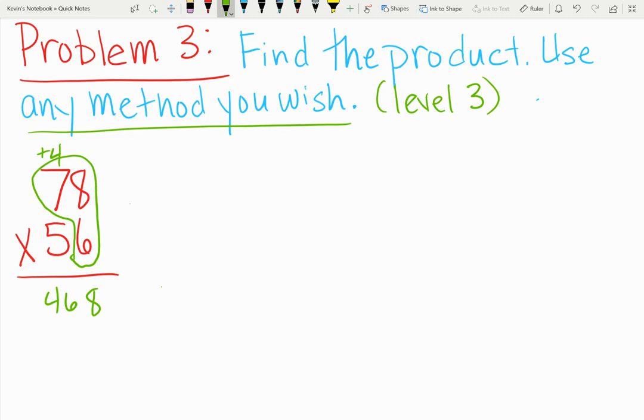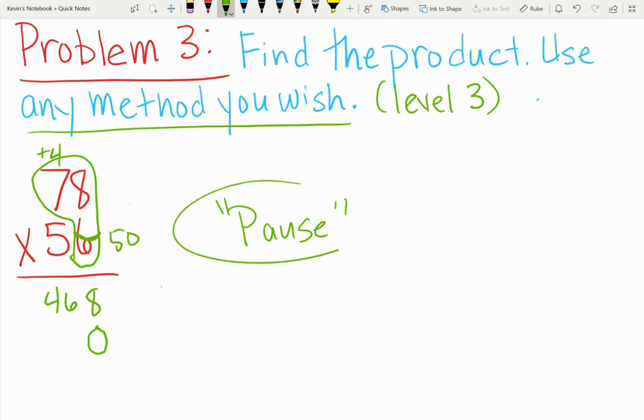Remember, it's super important when you do this next partial product, the second row, your total head gets a necklace. Then you're going to put a 0 here, and the reason is we're already done with the 6, so we're really multiplying times 50. I want you guys to go ahead and pause the video and answer on It's Learning now. See you guys on problem 4.